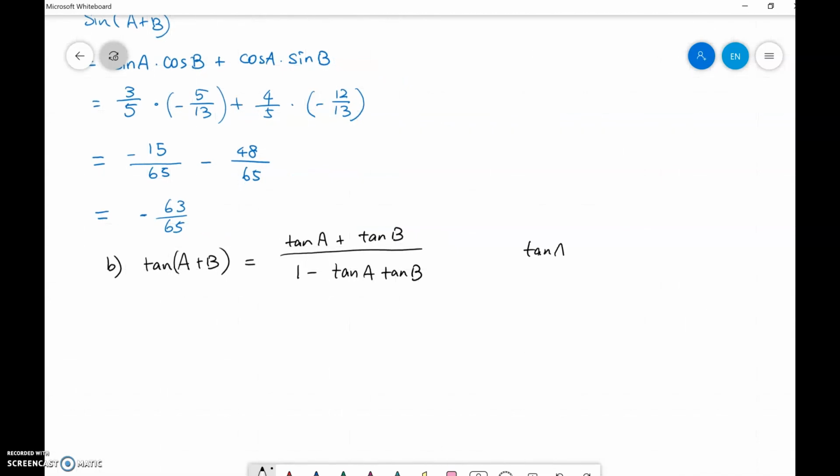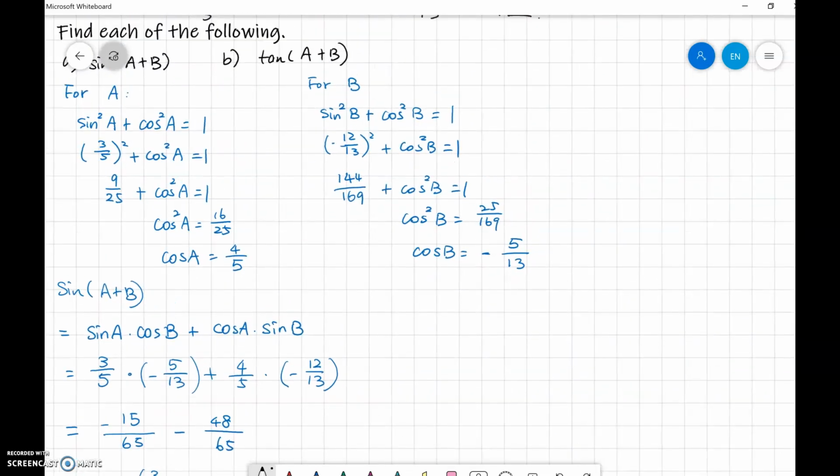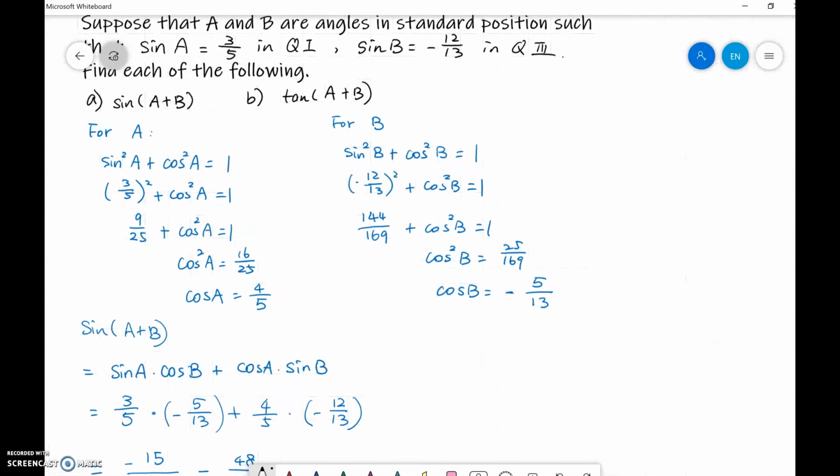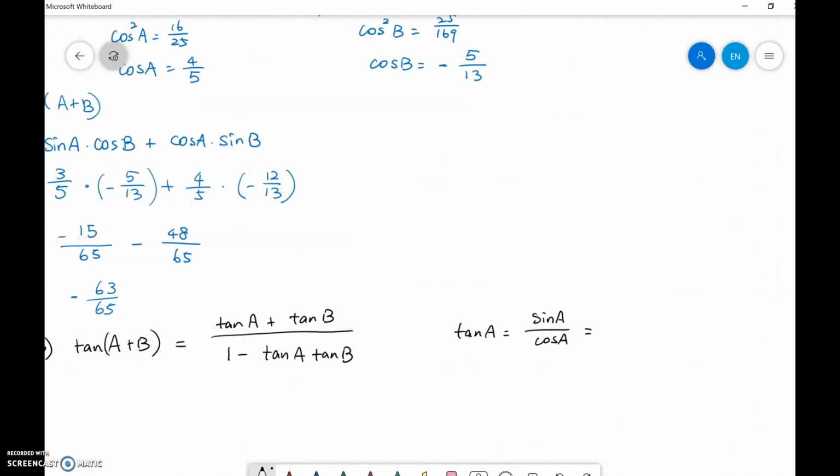So tangent of A is going to be equal to sine of A over cosine of A, which is sine of A is 3/5, and then cosine of A is 4/5. So we got 3/5 over 4/5, 3/4.